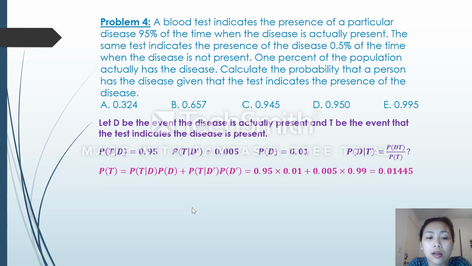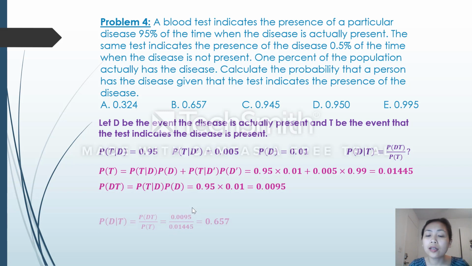From that we found that the probability of T is 0.01445. Now we are going to find the probability of D and T, so we use the multiplication rule. The probability of D and T is the probability of T given D times the probability of D, and that is 0.0095. From here we find the answer: the probability of D given T is 0.0095 over 0.01445, and the answer is 0.657, which is B. So B is the answer.